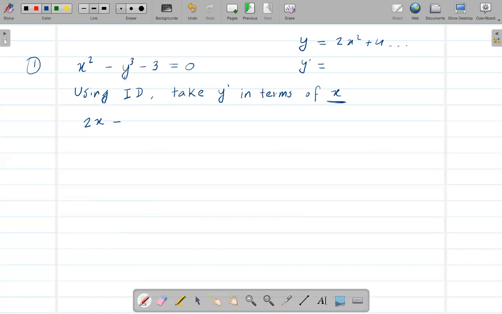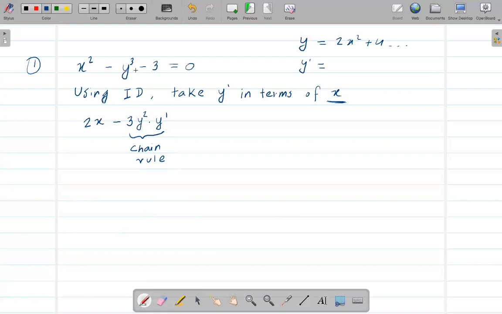I can bring this 3 down, y squared, and then take the derivative of the inside part, which is y prime. So basically here I used the chain rule that I talked about in chapter 3.4. You can watch the previous video.